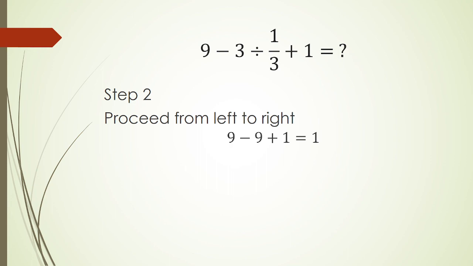Kasi nga, yun yung nakita nila doon sa acronym na addition, or A comes before S, or addition comes before the subtraction. So in this case, we proceed from left to right kasi magkaparehas lang ng weight yung subtraction and addition. So 9 minus 9 is simply 0, and 0 plus 1, we will get 1. So 1 is the final answer in this problem.